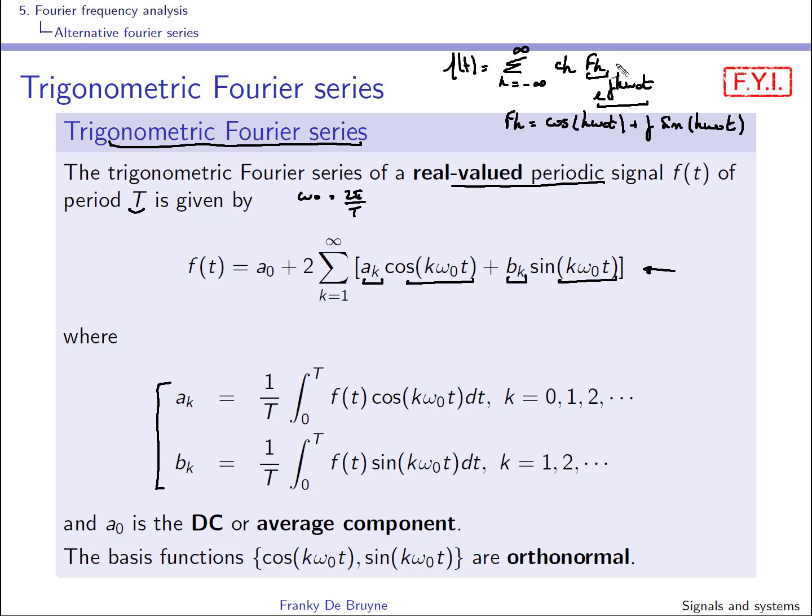You can rewrite this expression here also, and it's done in the course, as a sum from 1 to infinity, so you can make the link between ak and bk with the Fourier coefficient ck, and this is actually done in the next slide, but I will not go into the details of that.